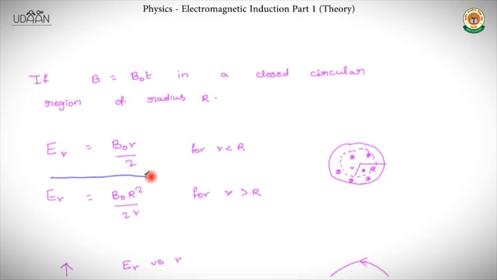It would be linearly increasing with the radius, the distance from the center of the circle. But if you go to the area outside this region, there will still be an induced electric field, but it will decrease with distance after R. And this induced electric field would be B naught R square by 2r.